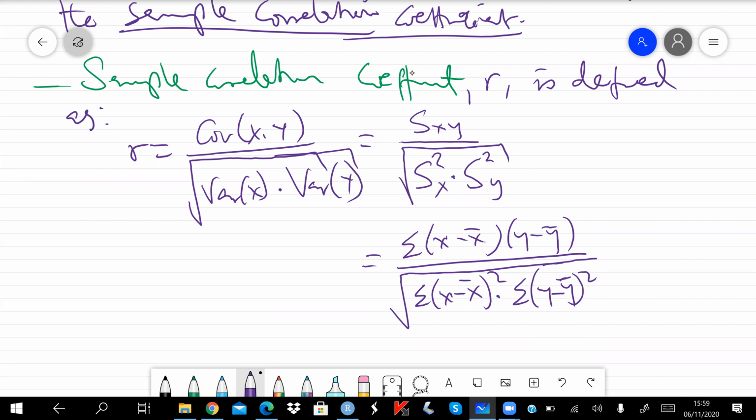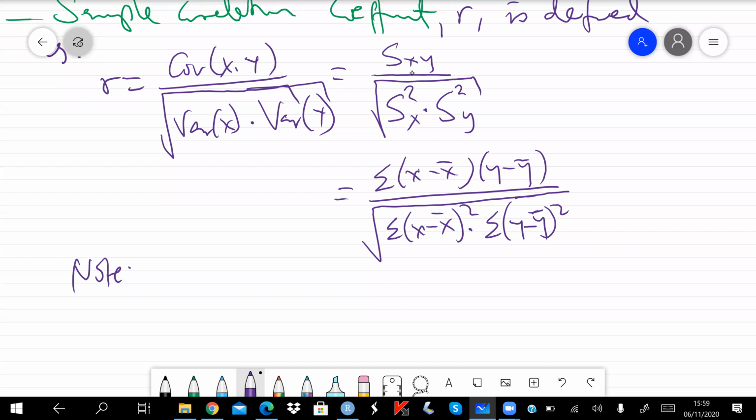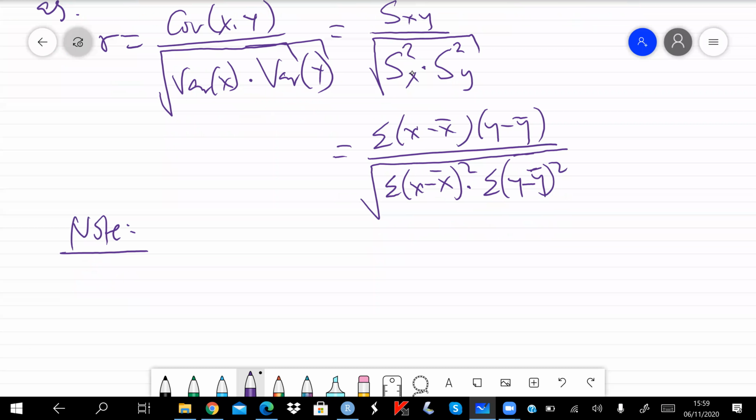We can simplify that expression: the summation of (x minus x bar) squared is the same as the summation of x squared minus n x bar squared, and similarly for the deviations of y squared.